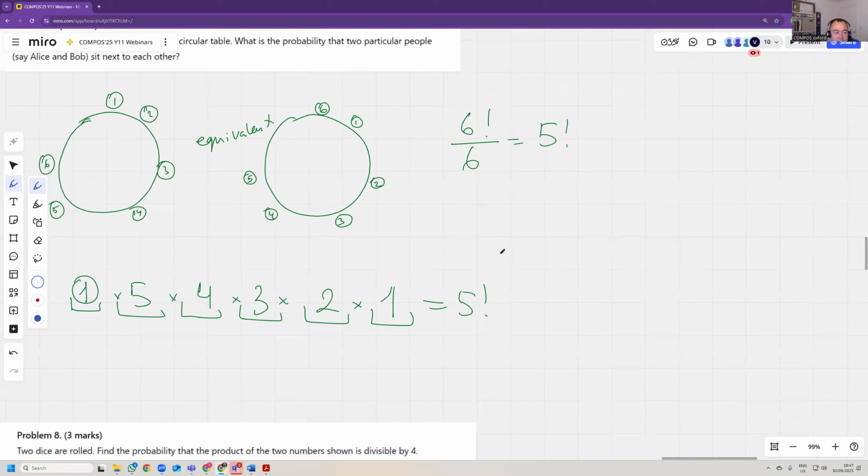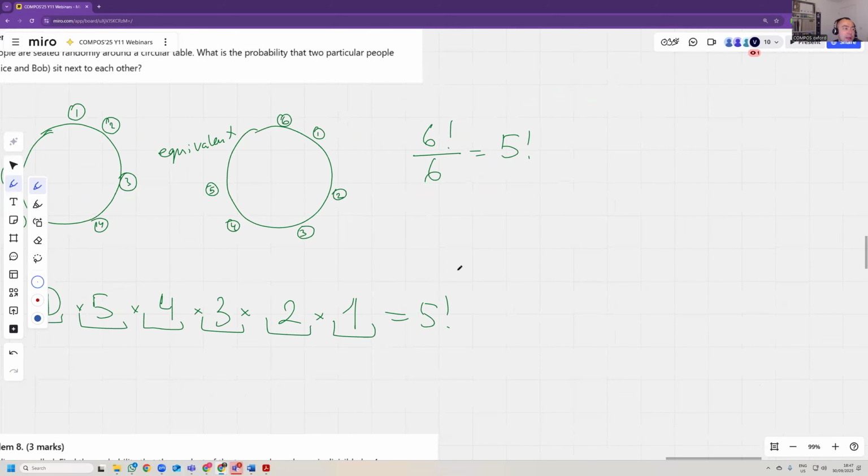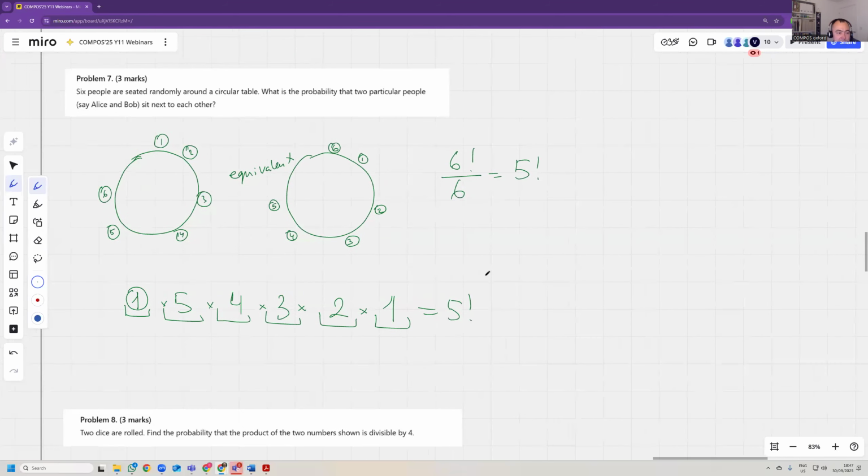But now we have Alice and Bob. For the purpose of this exercise, it's very convenient to consider Alice and Bob as one person. So imagine A and B merge. Now we have 5 seats, and Alice and Bob sit here.